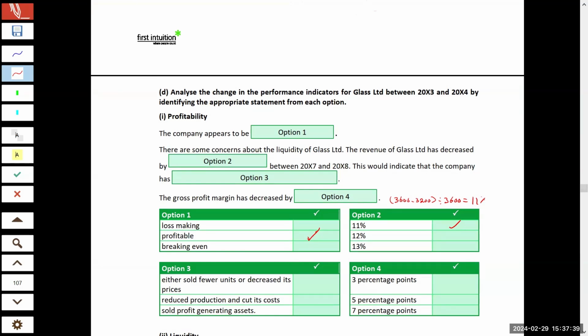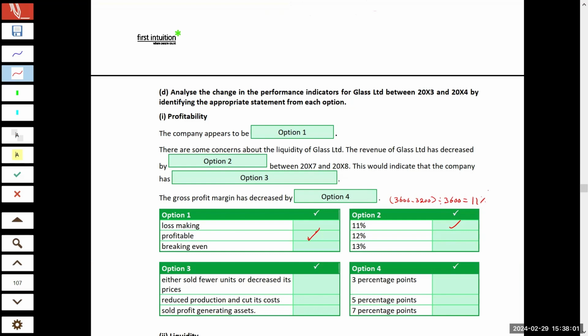I'm then told that between 20x7 and 20x8, this would indicate that the company has what? Either sold fewer units or decreased prices, reduced production to cut its costs, or sold profit generating assets.